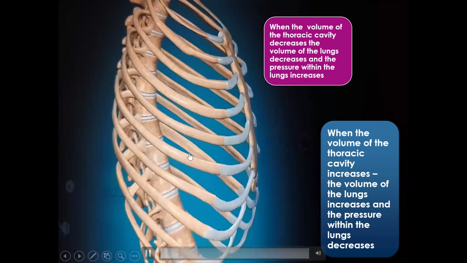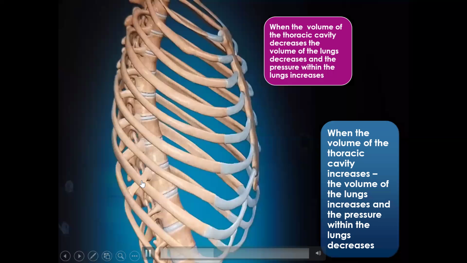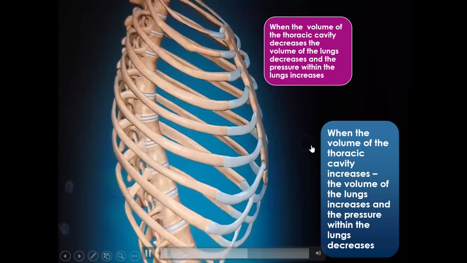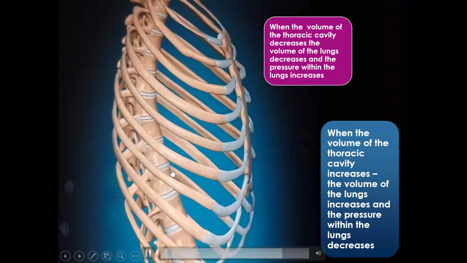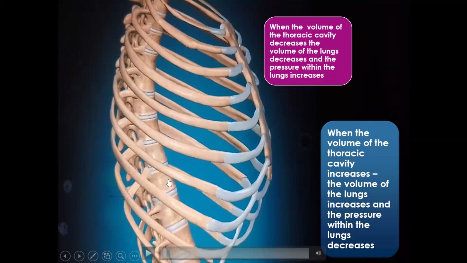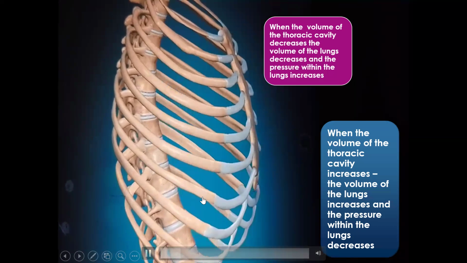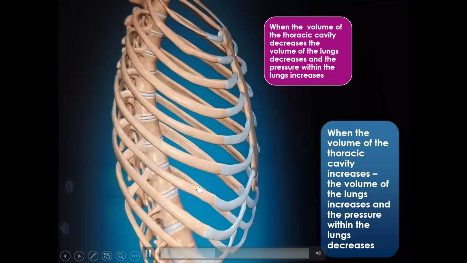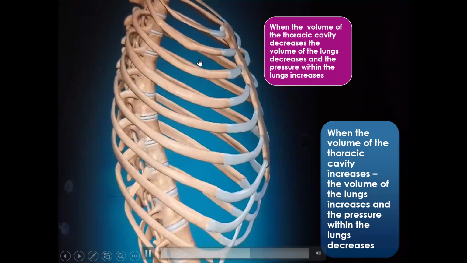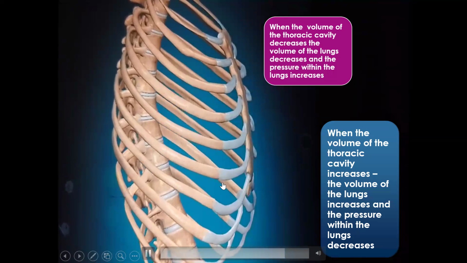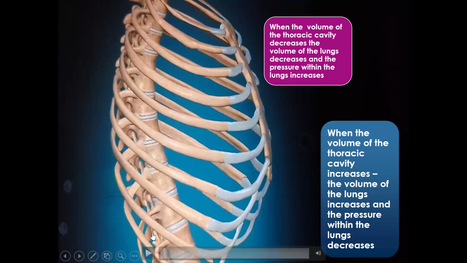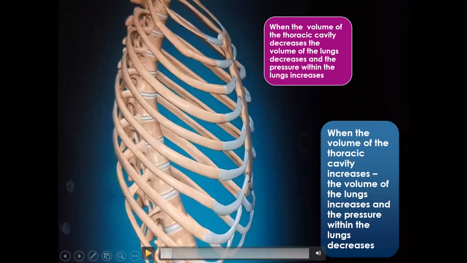Let's watch. This is the mechanism of breathing. Breathe out, breathe in, breathe out, breathe in. So as these muscles and the ribs are moving, it decreases and increases the thoracic cavity. Look here now. It has decreased the thoracic cavity.